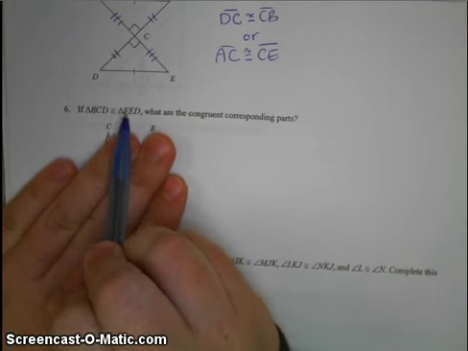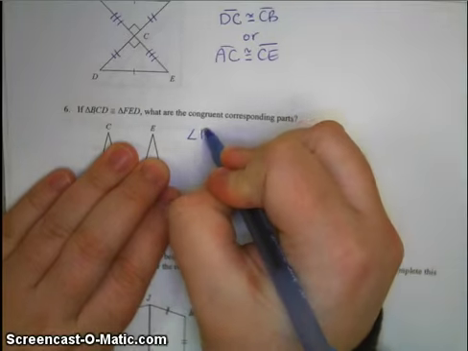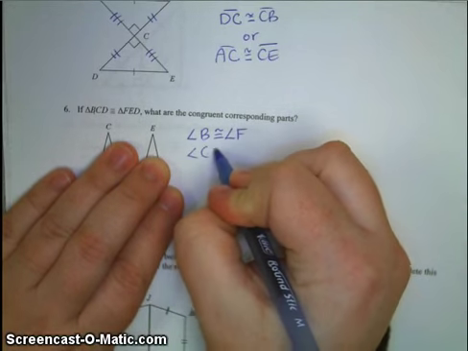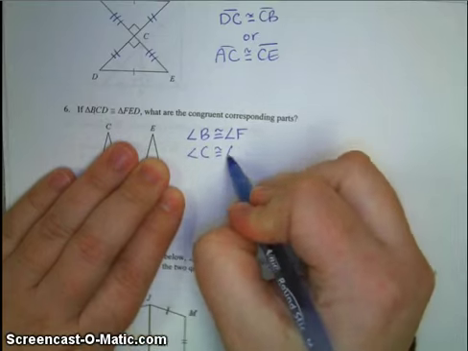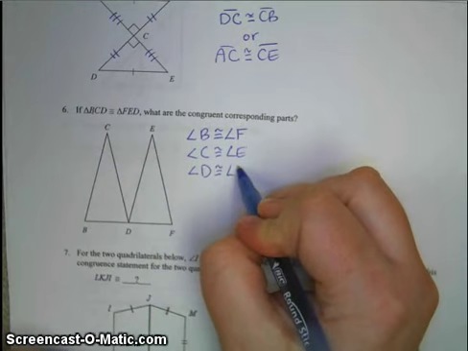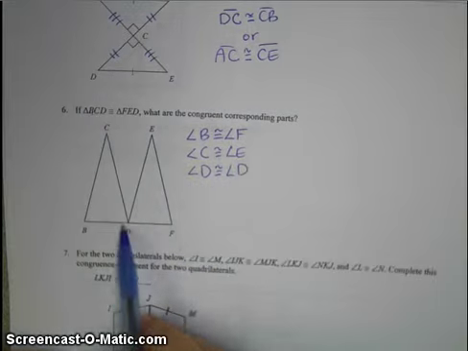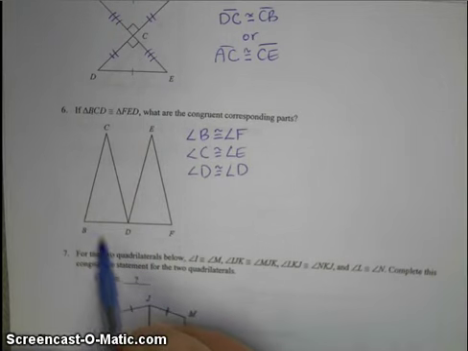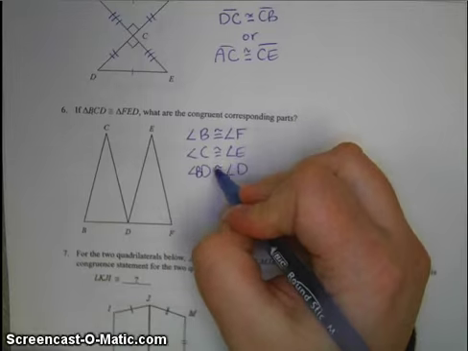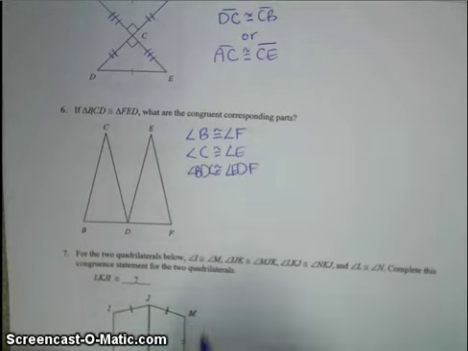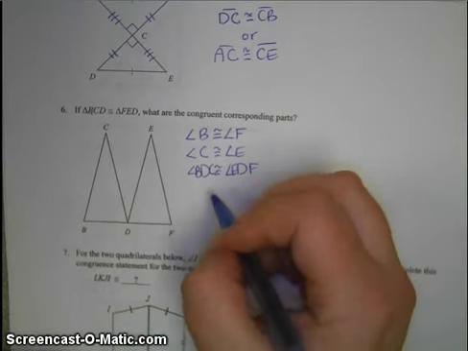If B is in the same position as F, I know that angle B has to be congruent to angle F. I know that angle C has to be congruent to angle E. And I know that angle D is going to be congruent to angle D. More specifically in this picture, since we have more than one angle that can be described as D, we'll call this BDC and EDF.